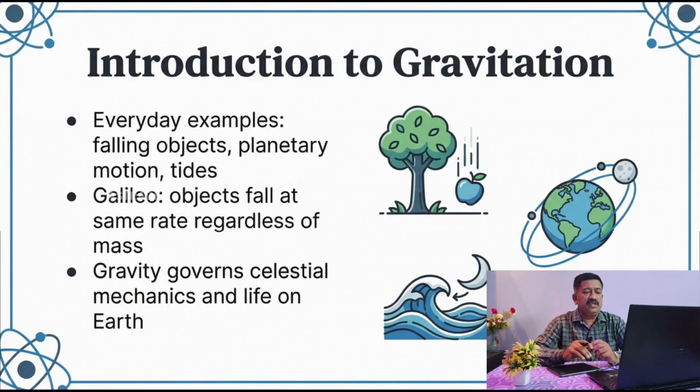Everyday examples are given. First, Newton noticed that an object falls down on the Earth's surface. When he sat under an apple tree thinking of some concepts, an apple fell down on his head. You already know this story from the lower classes.